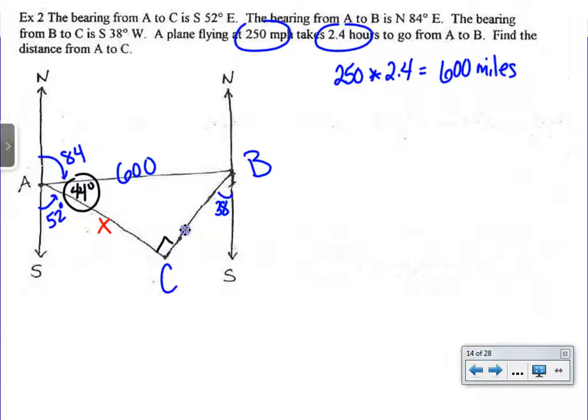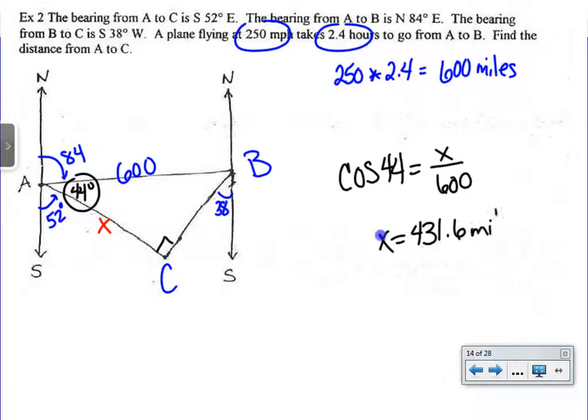You can prove it's a right triangle pretty quickly, but trust me for now. We can set up cosine of the 44 degree angle would be adjacent over hypotenuse. So on my calculator, you get 431.6 miles. So once you get the picture drawn and labeled, it's not that bad because you guys are really good at setting up trig ratios.